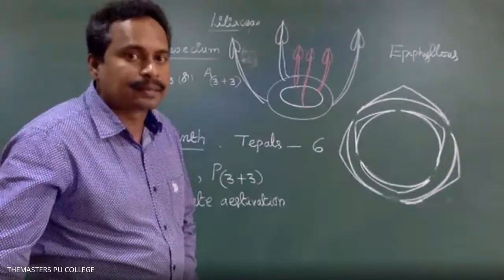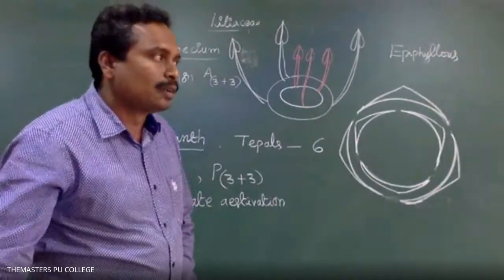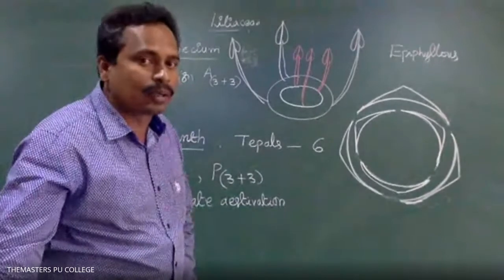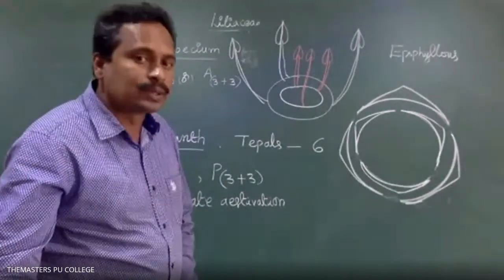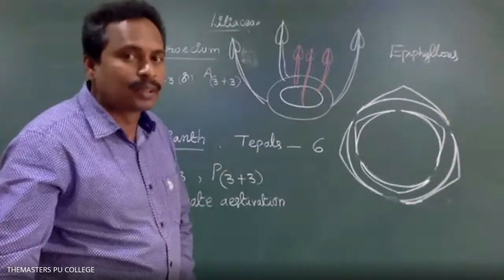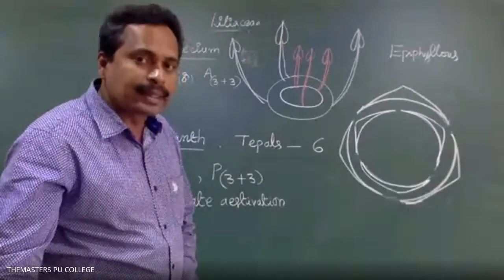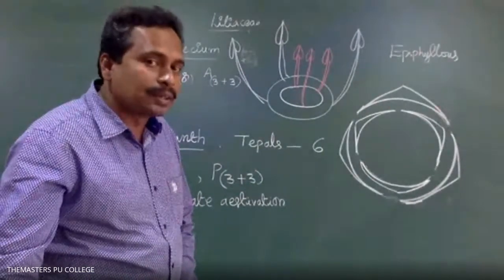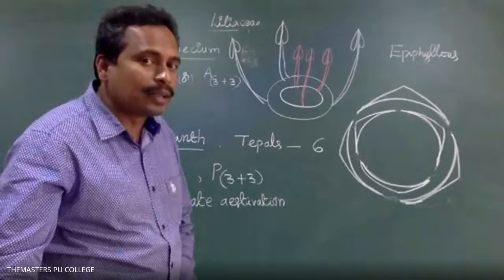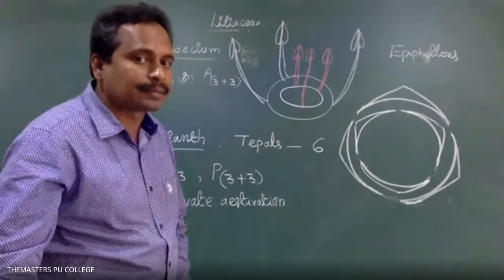In most plants, a single whorl arises, and in some plant species, two or more than two whorls are also there. Epiphyllous means the stamens are attached to the perianth, the tepals.